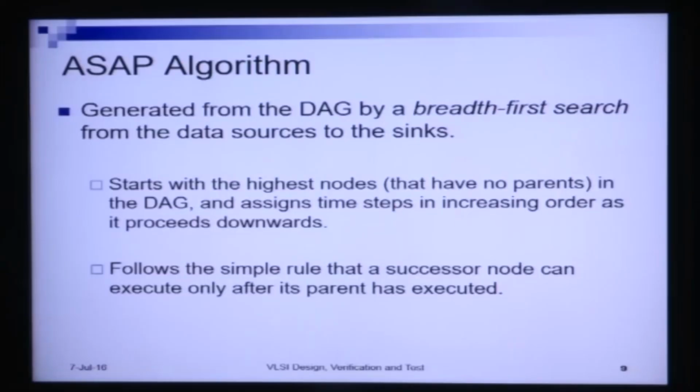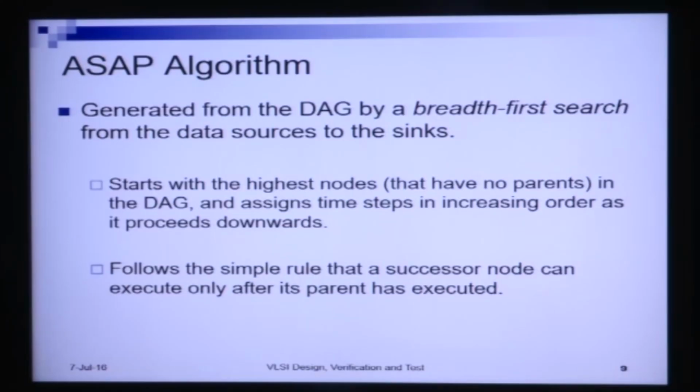Such an approach has been adopted in the ASAP algorithm. It is generated from the DAG or operation constraint graph by a breadth first search from data sources to sinks. So how does it operate? It starts with the highest nodes that have no parents, the independent nodes in the DAG. All independent nodes are scheduled in level 1, and then time steps are assigned in increasing order as we proceed downwards.